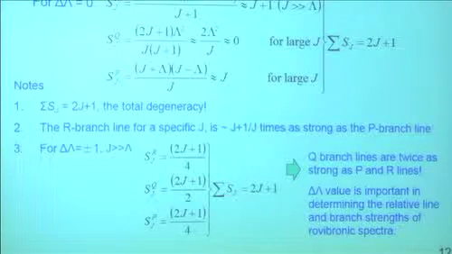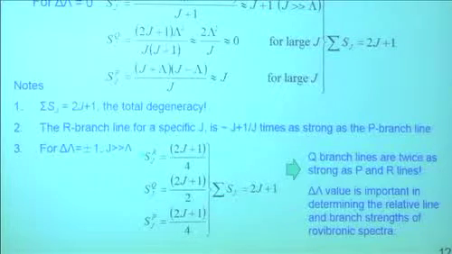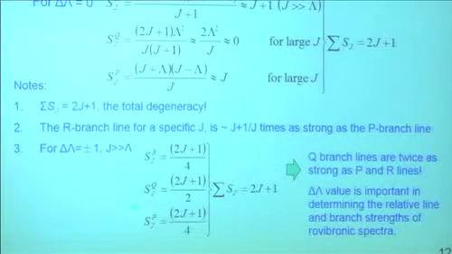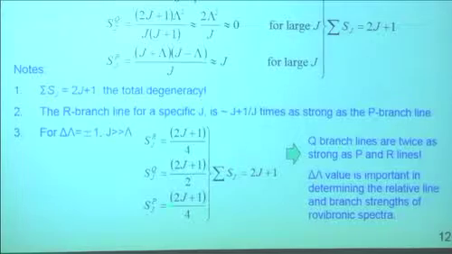When you look up these factors in Herzberg, for this case, you'll see these expressions. In the limit of large J relative to lambda, the R branch is 2J plus 1 over 4. The P branch is 2J plus 1 over 4, and the Q branch is twice as big.